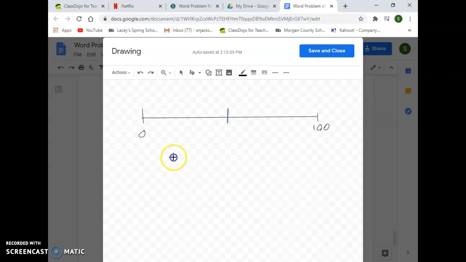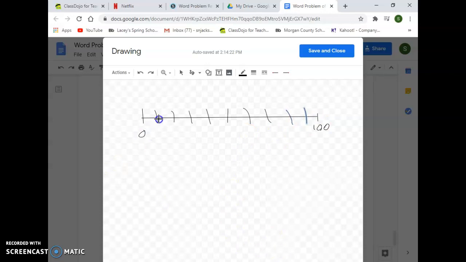So I'm going to guess that I can count by tens to get to 100, because we all know we can count by tens to get to 100. So I'm going to say 10, 20, 30, 40, 50, 60, 70, 80, 90, 100. So what I'm going to do is double check to make sure I have it right.